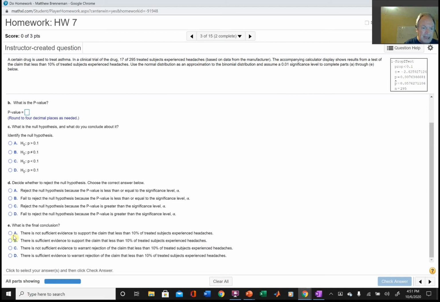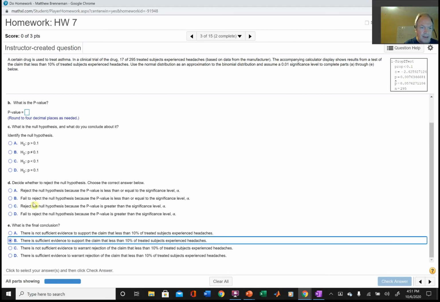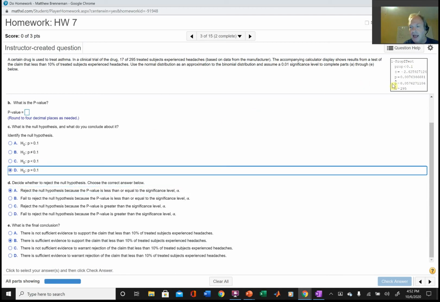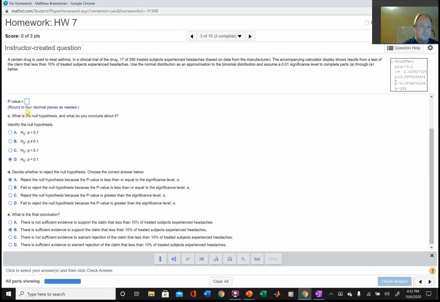So that would be B. Okay. We would reject the null because the p-value of 0.0076 is less than alpha of 0.01. Okay. And then we just put this p-value in, 0.0076.